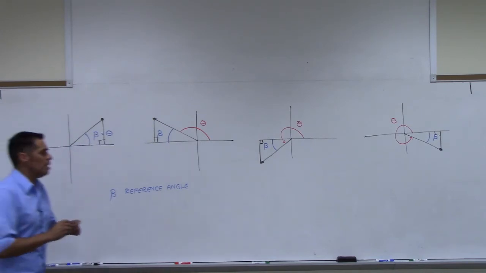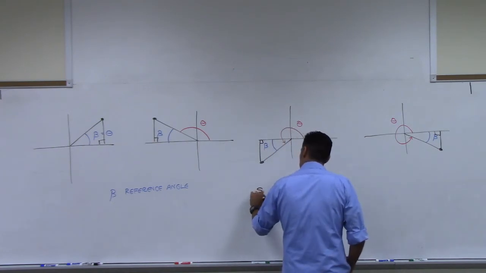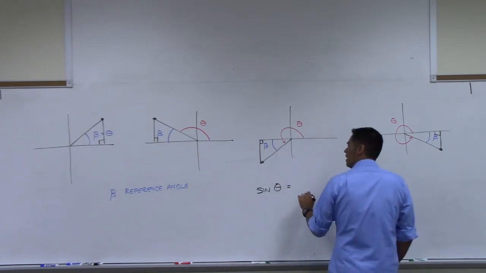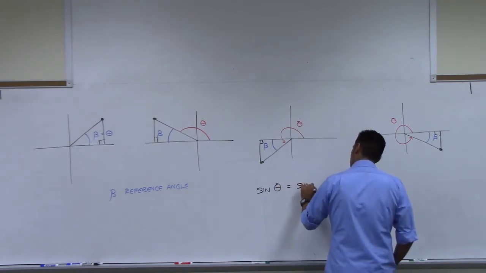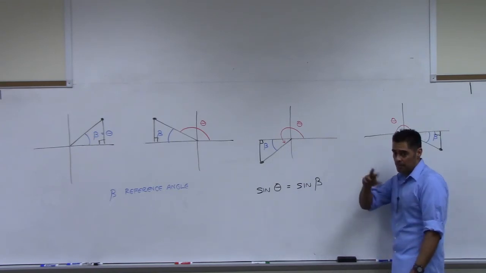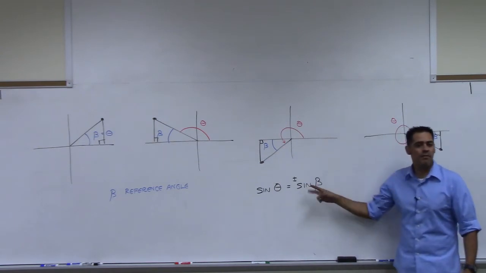So here's what we know. If you're going to look to see what sine of an angle is, would you agree that it should be equal to sine of beta? Maybe, right? But it could be plus or minus that. It could be one of those two.